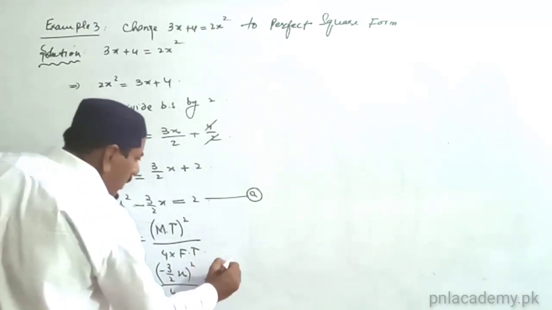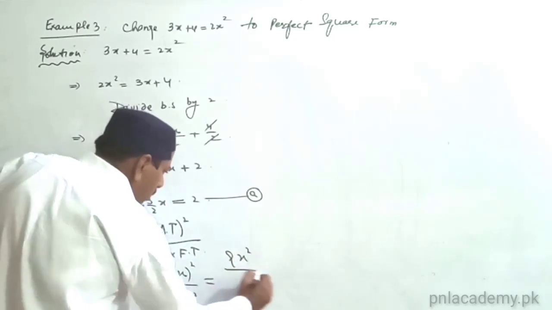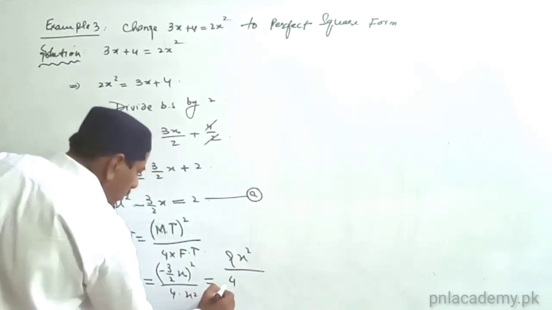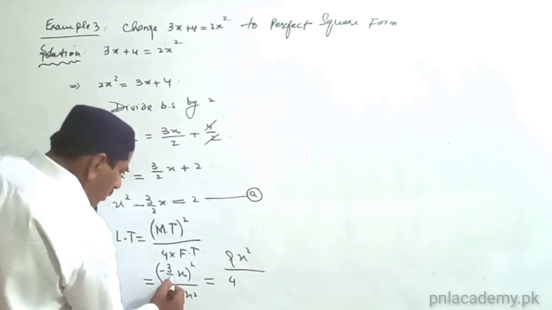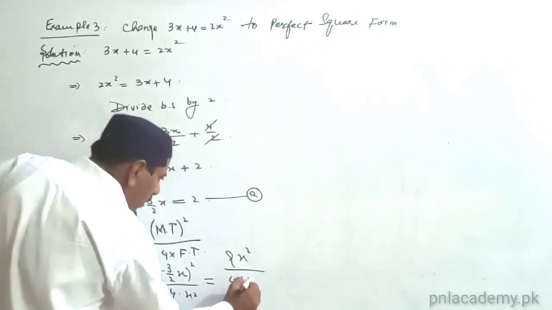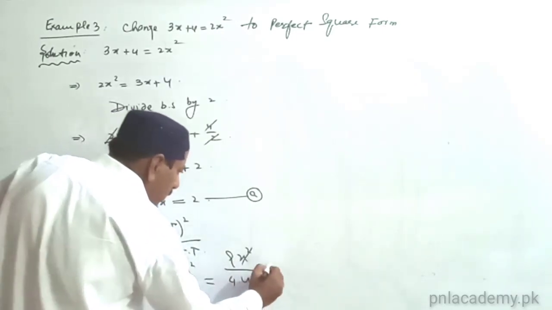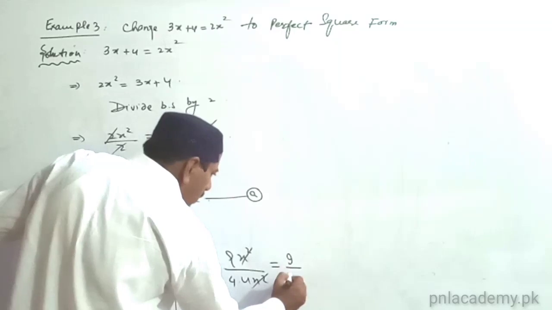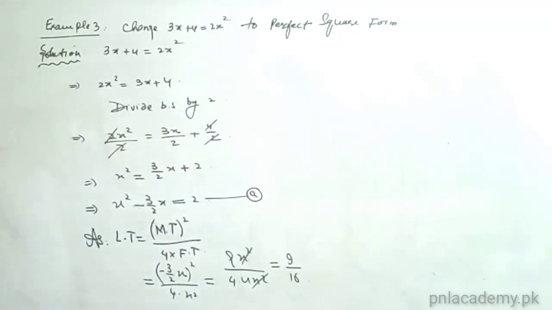This will be 9x square upon 4 into x square. X square cancels. This will be 9 upon 16. So the last term is 9 upon 16.